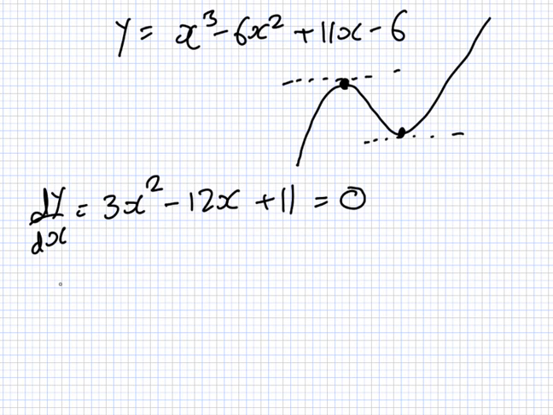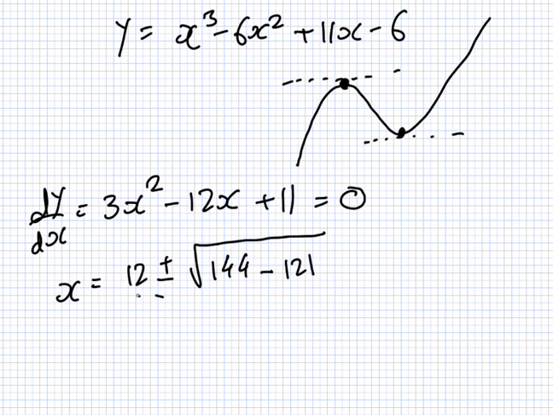Alright, let's just use the quadratic formula. x equals minus b plus or minus the square root of b squared minus 4ac, 121, all over 6, 12 plus or minus.